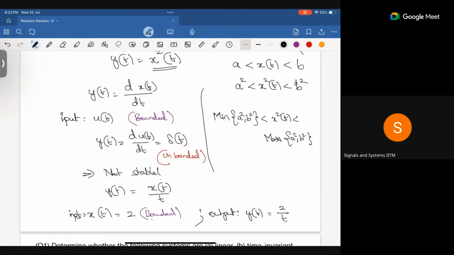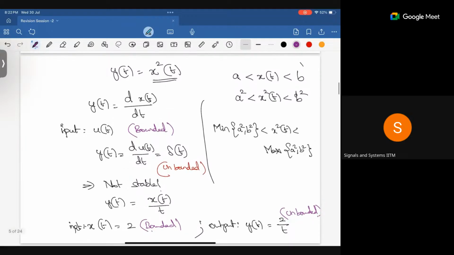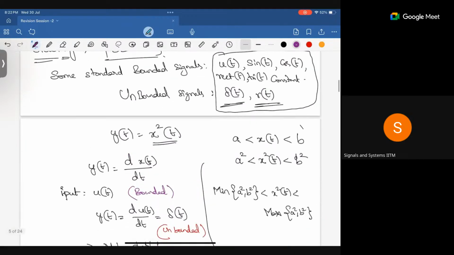And this 2 by t is not bounded, it is unbounded. As t comes closer to 0, it goes to infinity, right? So this is unbounded. Again, breaks the BIBO condition, which makes the system not stable. Okay, so this is how we check.